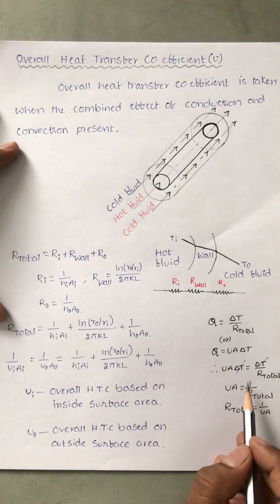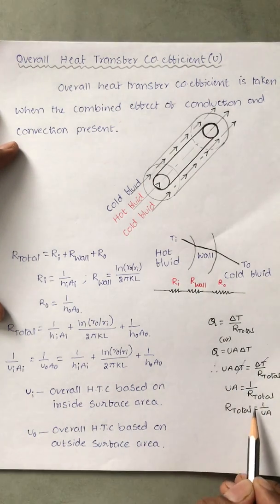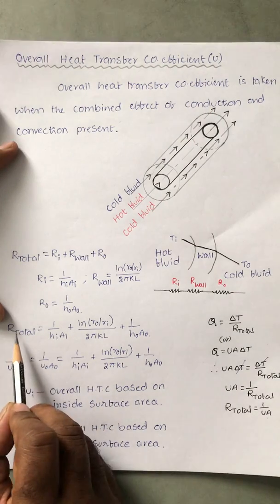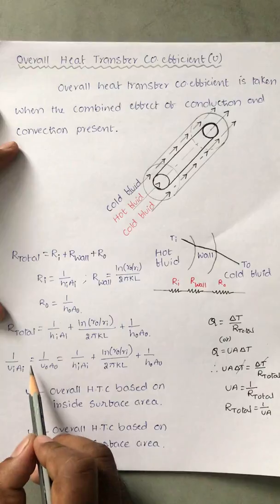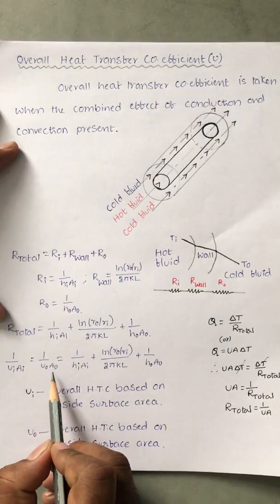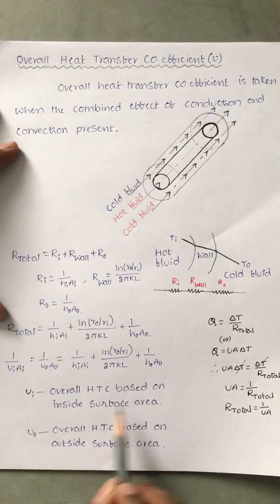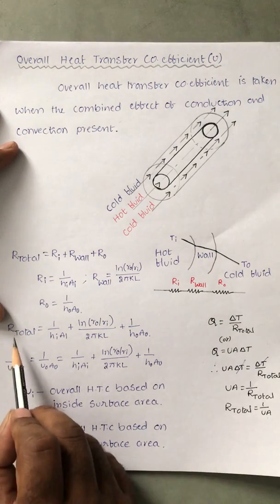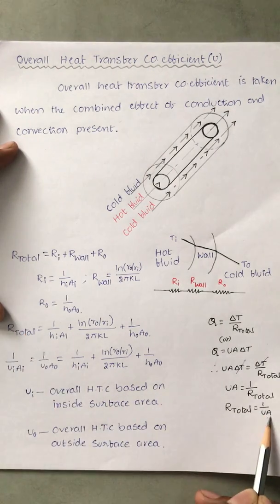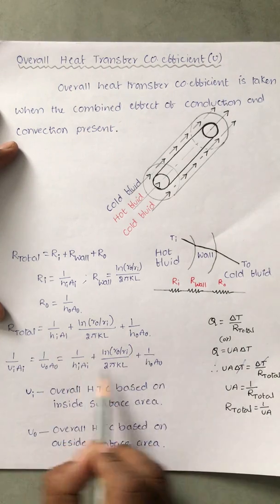So delta T gets cancelled. U A is equal to 1 by R total, or R total is equal to 1 by U A. So R total can be written as 1 by Ui Ai, which is also equal to 1 by U naught A naught, because Ui means overall heat transfer coefficient based on inside surface area, and U naught means overall heat transfer coefficient based on outside surface area. So Ui Ai is equal to U naught A naught.